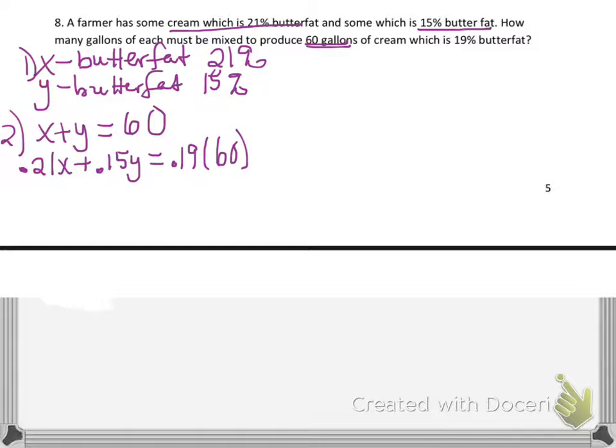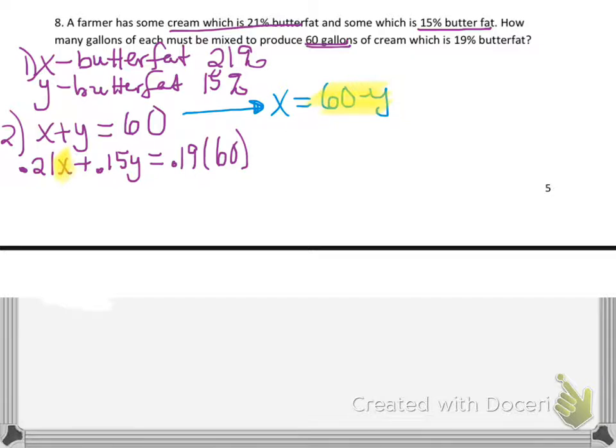All right, so now we want to solve for one of our variables. It doesn't really matter. I solved for x this time. So x is 60 minus y, which means in this equation, I'm replacing x with 60 minus y.